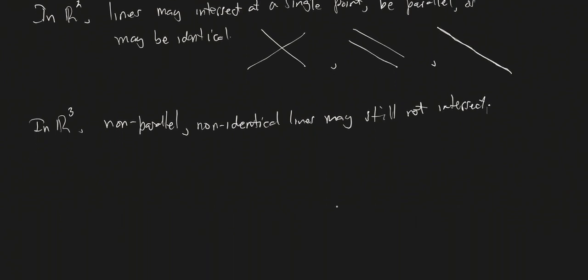So I'm going to sketch my right-hand orientation of 3 space, so that we're familiar with this. We have our X, we have our Y, and we have our Z. Here I'm indicating just the first octant. That's the region where all the variables are positive. When we were going through this previously, I mentioned that you can think of this as a portion of your room, whatever room you're in right now.